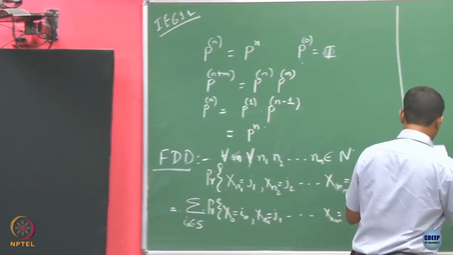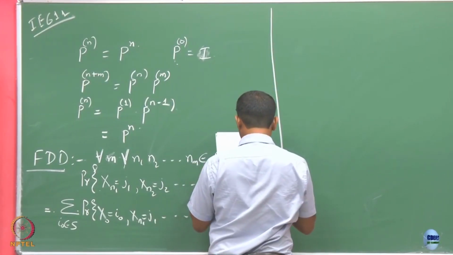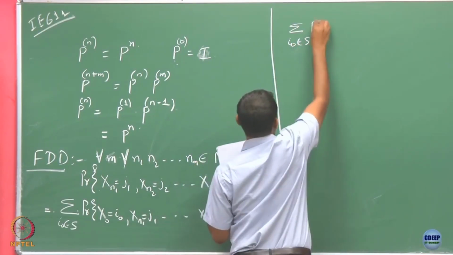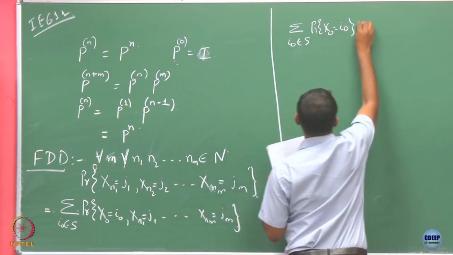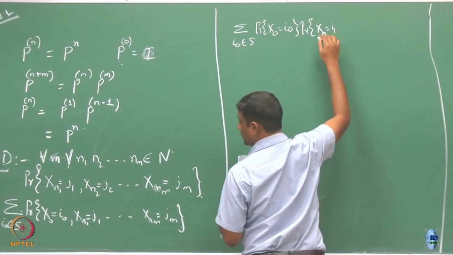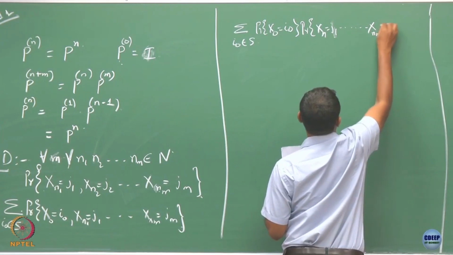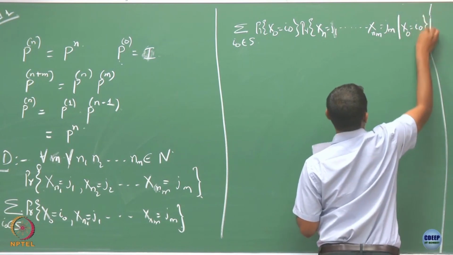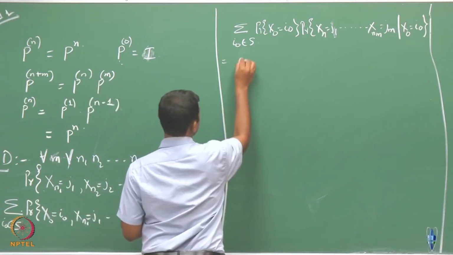Now you can split this probability, first writing the probability of x at n1 equal to J1 given x naught equals I naught, and further you can keep on doing this.